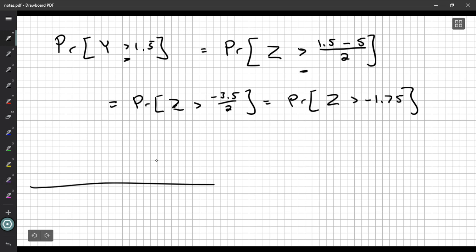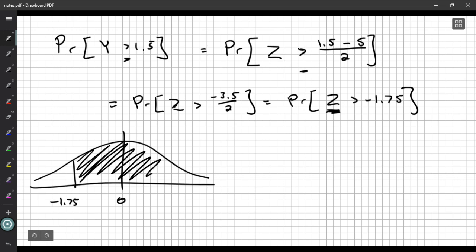That's not something I can easily look up in our cumulative distribution table for the z-scores. Okay, negative 1.75, that's a negative z-score. We see z here is bigger. It's a bigger value. So we want this area shaded off to the right here. Okay, so what can we do? Well, we can flip the area.